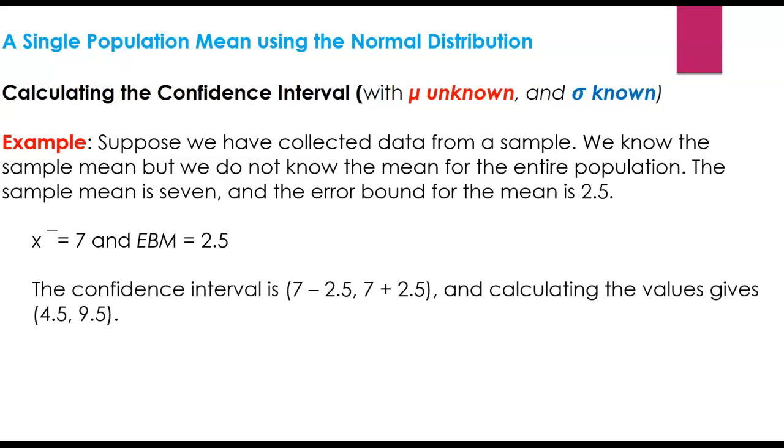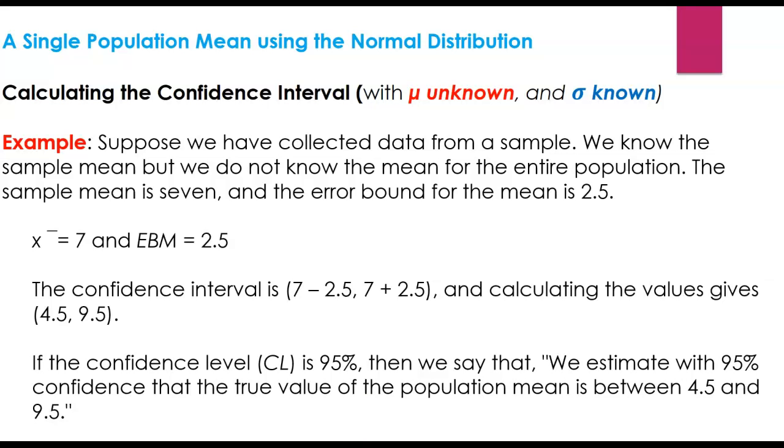So the confidence interval will simply be 7 minus 2.5, comma, 7 plus 2.5, which is a confidence interval of 4.5 to 9.5. If the confidence level CL is 95%, then we say that, quote, we estimate with 95% confidence that the true value of the population mean is between 4.5 and 9.5.